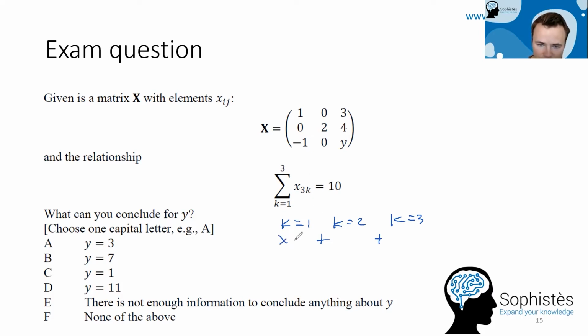And then you get x3,1, x3,2 and x3,3 is 10. So the sum of element 3,1 plus element 3,2 plus element 3,3 equals 10. So maybe you can fill in the numbers for those elements and then you can find the value of y. And if you know the answer, you can type it in the chat.